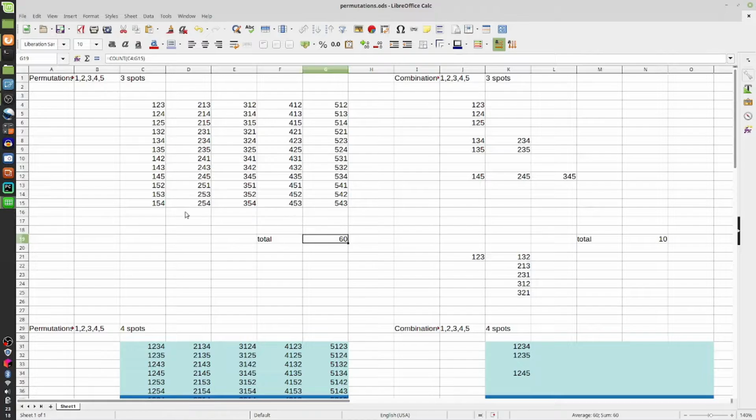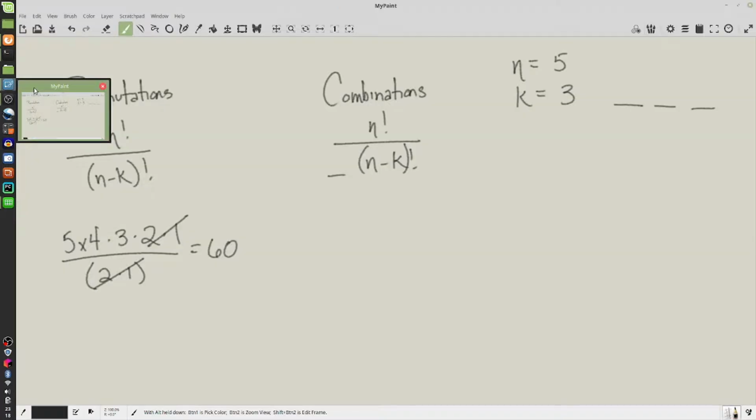Everything's looking good. If we come back here, though, for combinations, I didn't fill out the formula quite well enough. What we're missing is k factorial, which in this case is 3 times 2 times 1, since k is 3. I want to point out what these 2 bottom numbers are representing. n factorial is really simple.